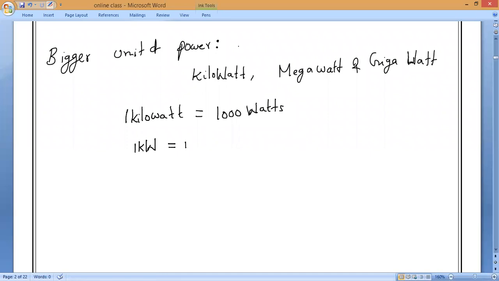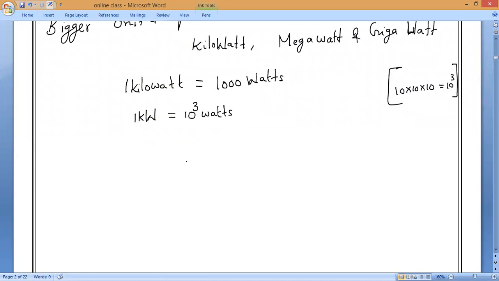Can you tell me 1000 in the form of powers, Akilan? 10 power 3. Please remember, 1000 means 10 into 10 into 10, which is 10 power 3. So 1 kilowatt is equal to 10 power 3 watts.